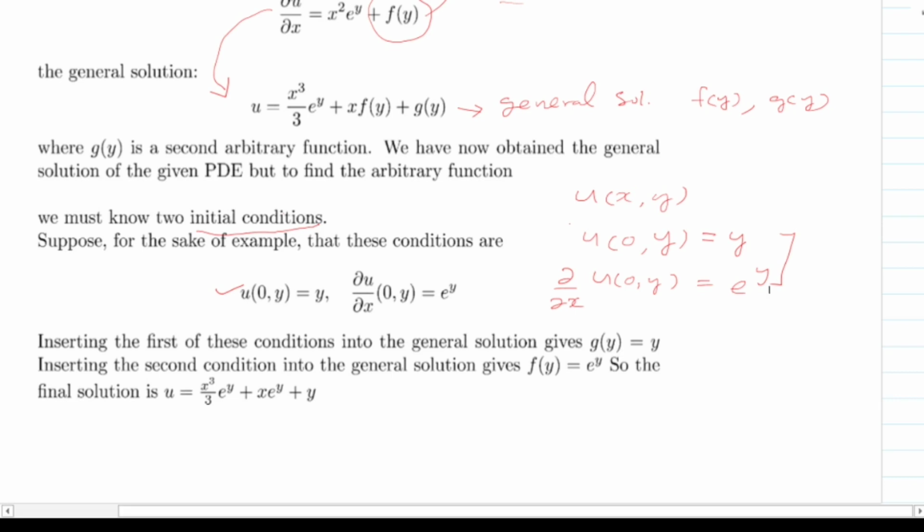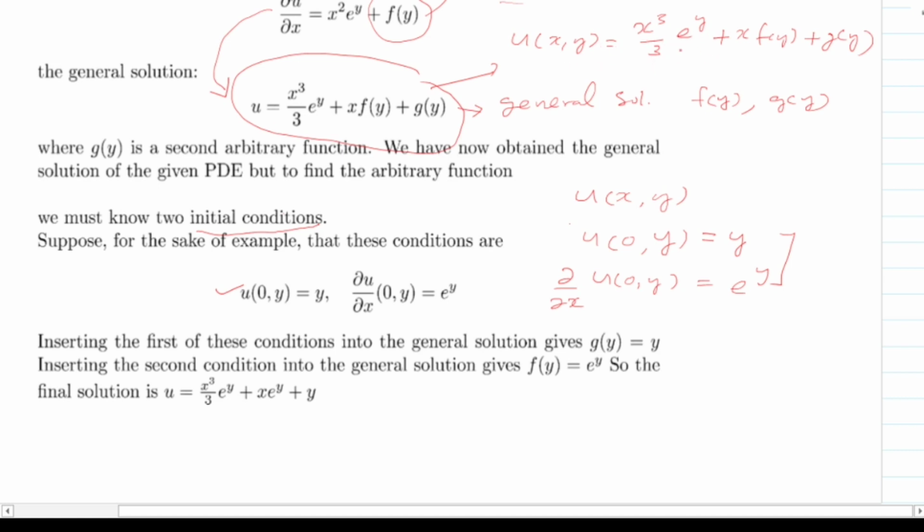Whatever you have to do is use this particular function, which you can rewrite as u(x, y) = x³/3 e^y + x f(y) + g(y).